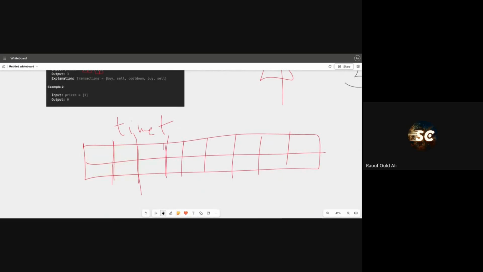Now, what are the states here? It will actually be the last action done. So, if the last action was to sell, we put 0. And if the last action was buy, we put 1. Okay?